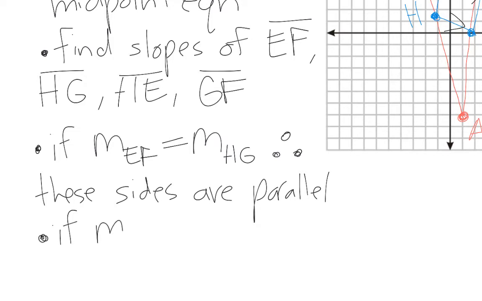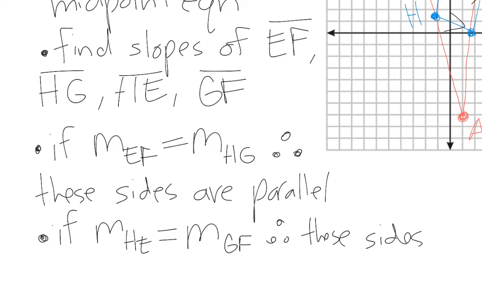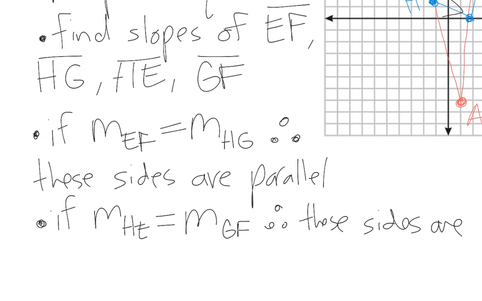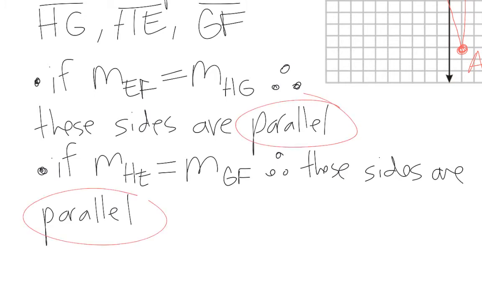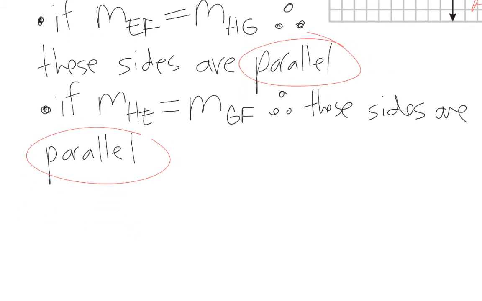So if the slope of HE is equal to the slope of GF, therefore these sides are parallel as well. Now, if opposite sides are parallel, that means it's a parallelogram. So let's write one final statement for that.